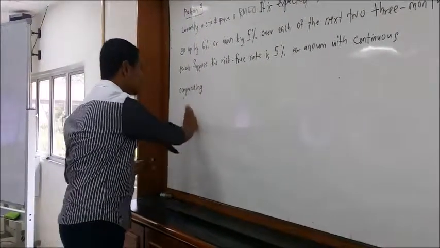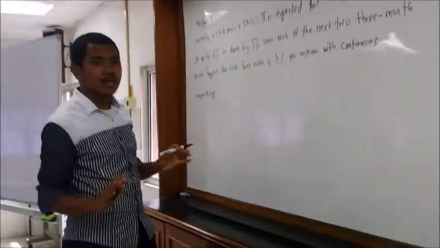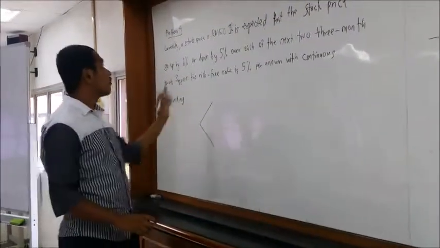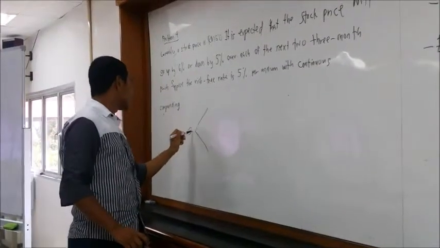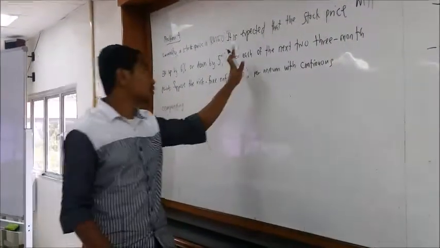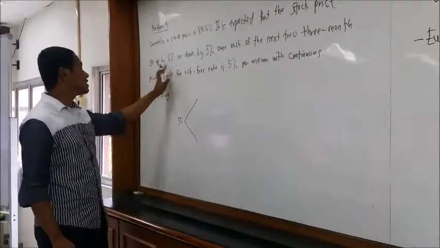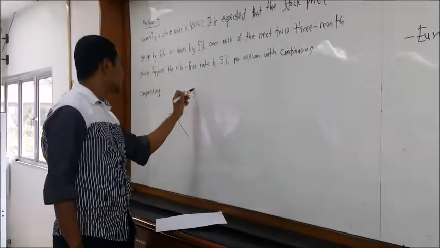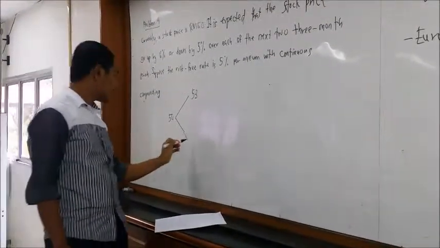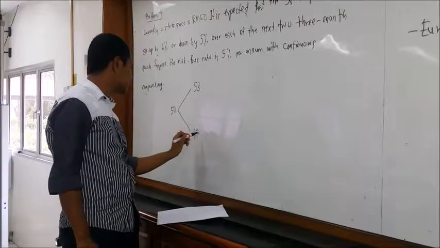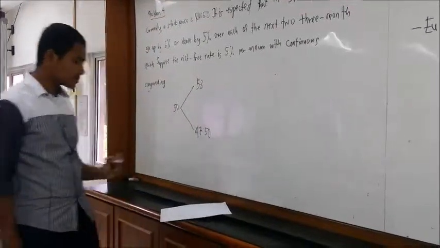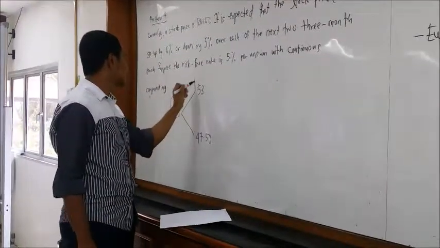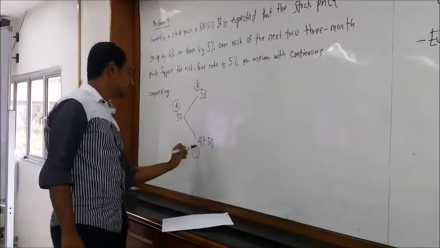So here we need to draw the diagram. For the stock price 50, going up by 6% gives 53, and going down gives 47.50. So we note this as A.